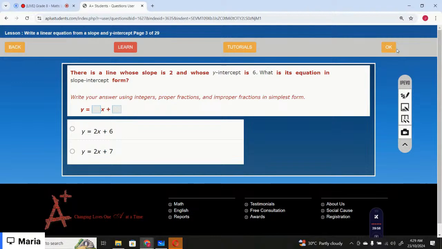So the correct option is option number 1, y equals 2x plus 6. Option number 1 is the correct option. Very good.